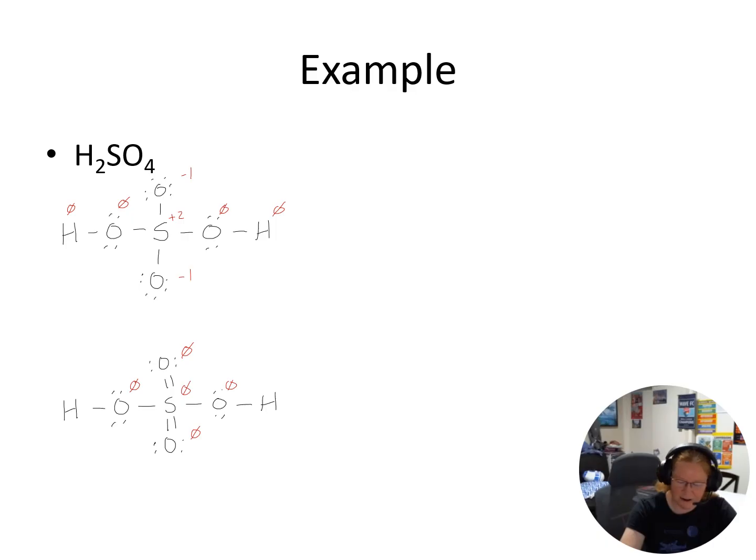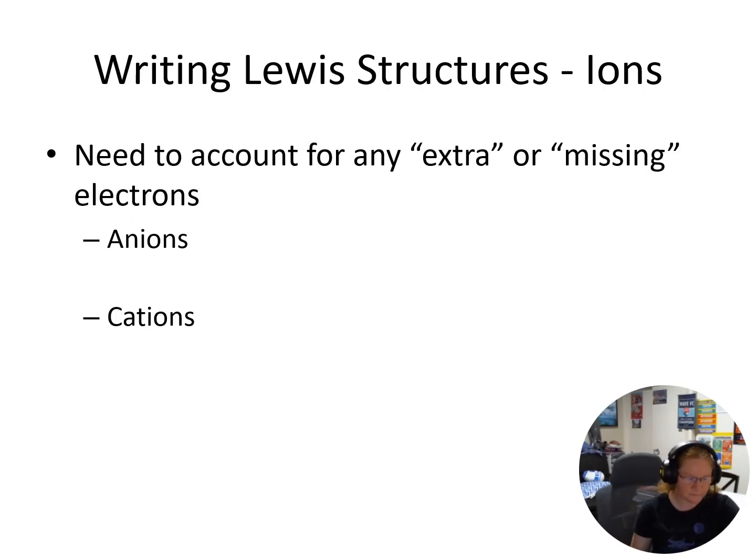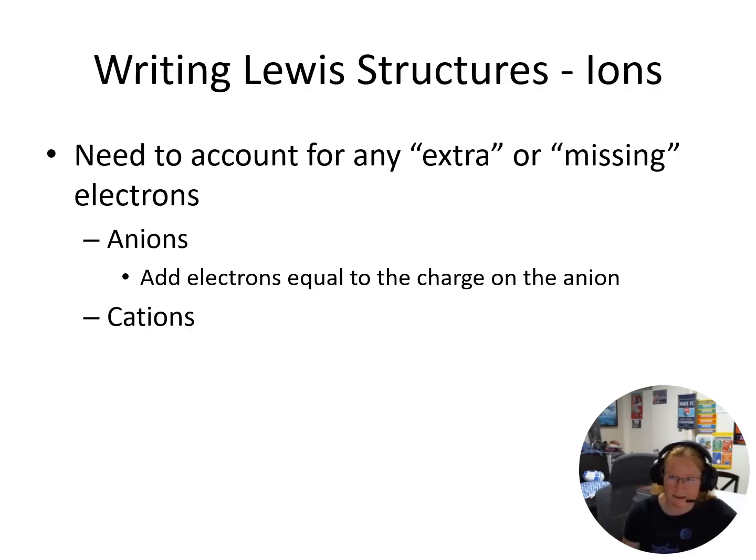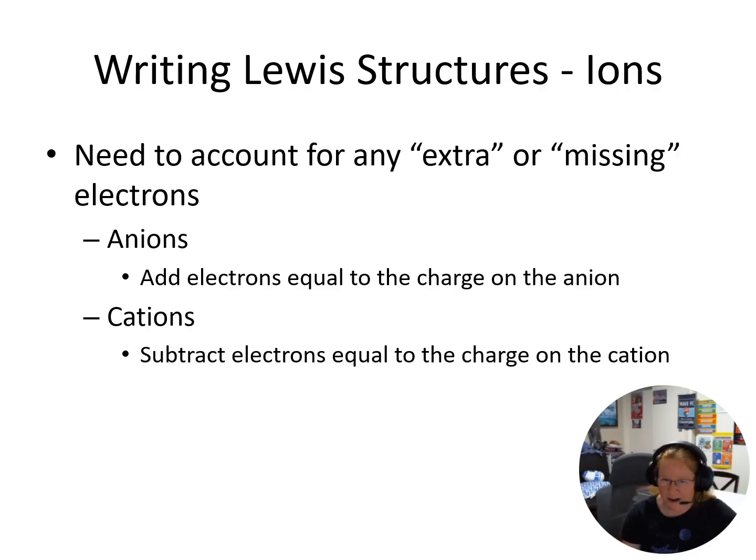All right, so now our ions. Okay, so when we do ions, we have to account for missing or extra electrons. So anions, we add electrons equal to the charge on the anion. Cations, we subtract equal to the charge on the cation. So again, this should hopefully be something that you have heard before.